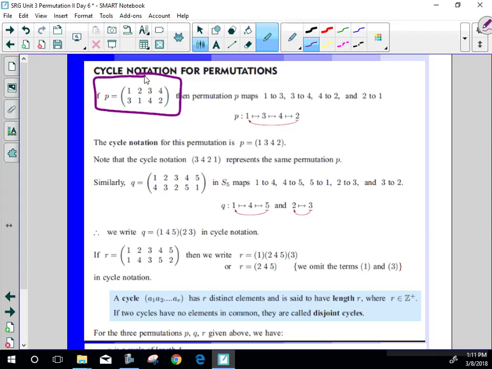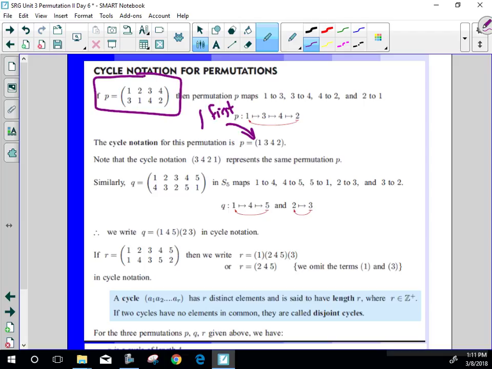This is a complete cycle of 4. So 1 goes to 3, 3 to 4, 4 to 2, 2 to 1. You don't write the 1 again. You leave it at that: 1, 3, 4, 2. Now, you could have started with 3, 4, 2, 1, but we usually put the 1 first.